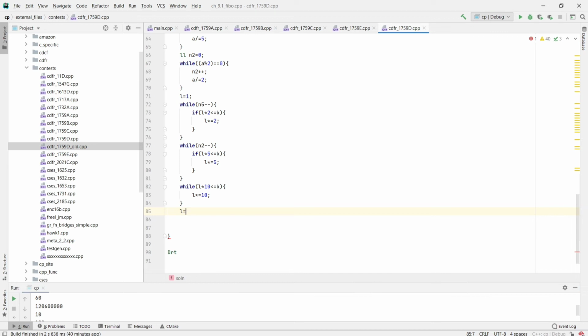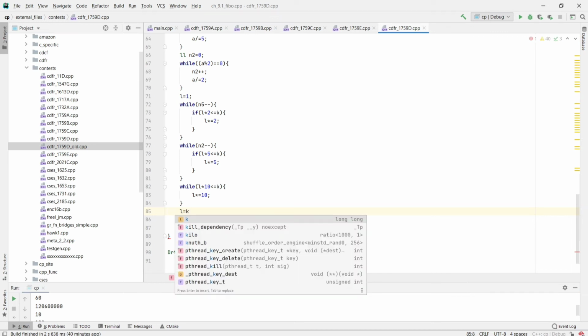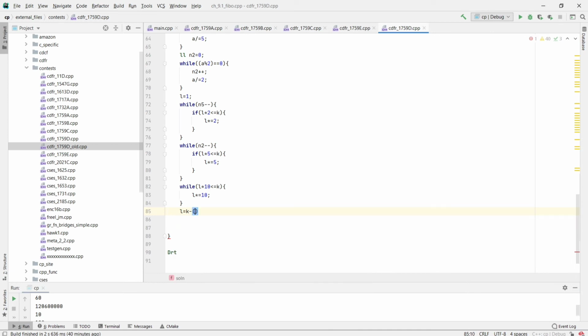That will be L equals k minus k%L, so we are removing the extra remainder from k. Now L has the maximal number which you can multiply with N, which in total will give the maximal roundest number.